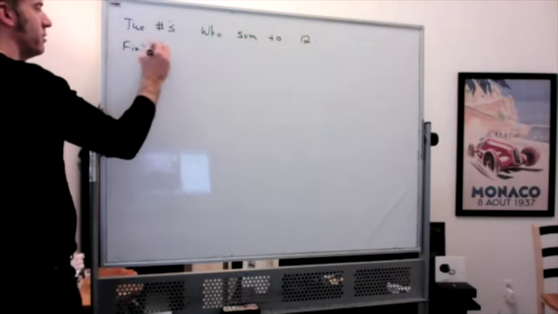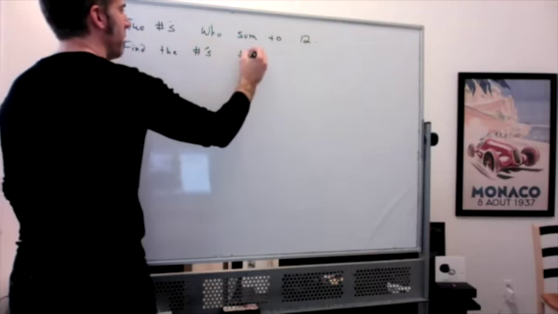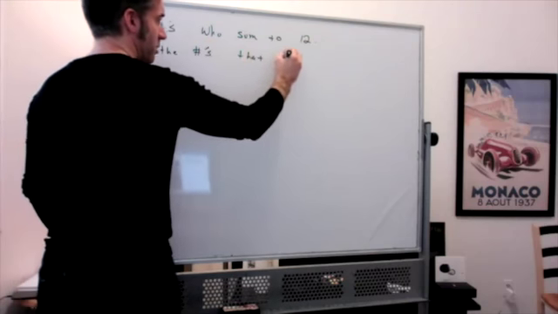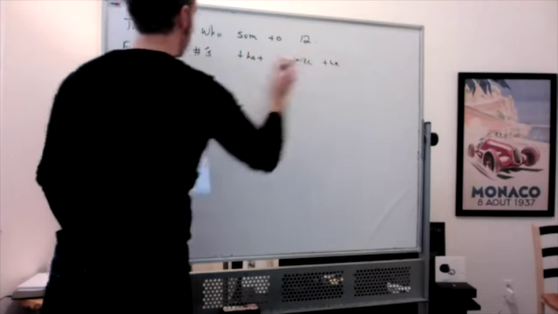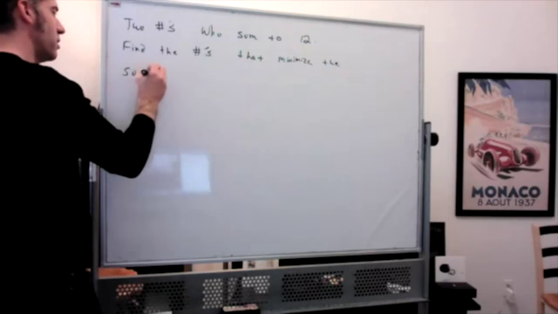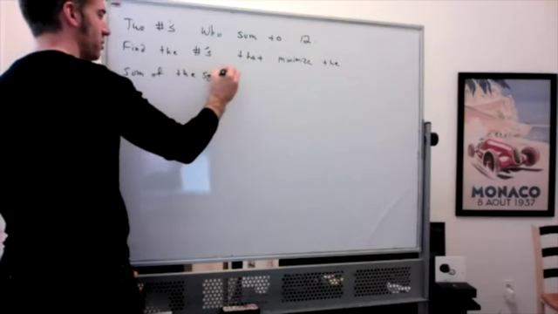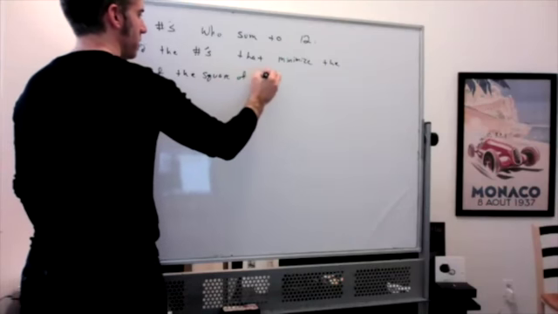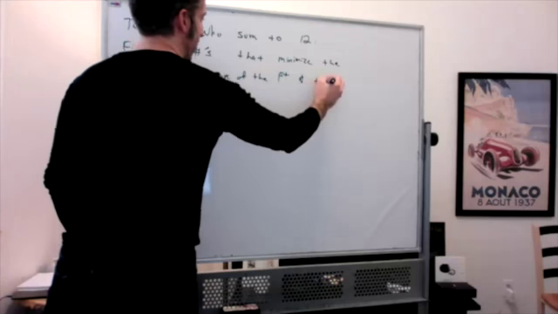Find the numbers that minimize, and I'm going to change it up a little bit here, the sum of the square of the first and twice the square of the second.